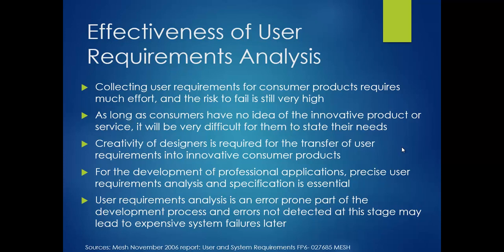Otherwise, it will be a failure, and it will be a very expensive failure that will cost the company a lot. That's why they do it right, and they do it one time. So they spend a lot of time on understanding the requirements, translating that into specifications, and that is what will make it a successful product or application.